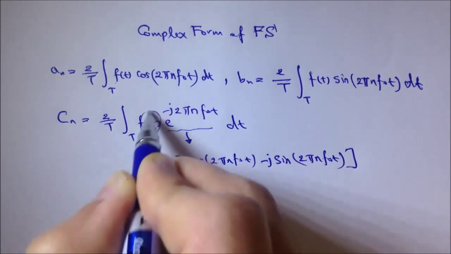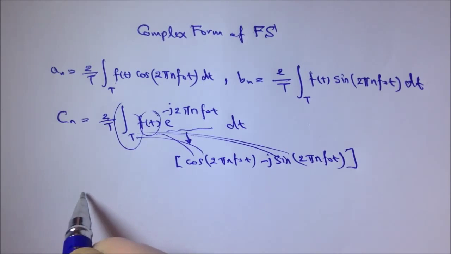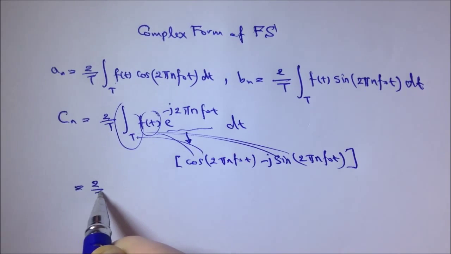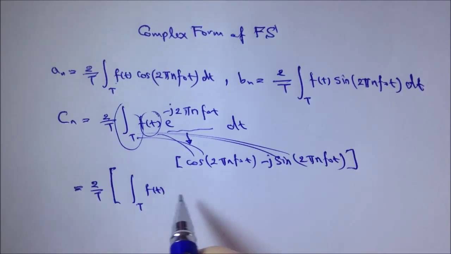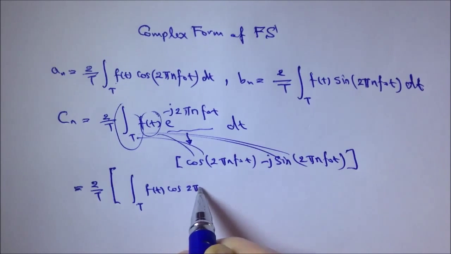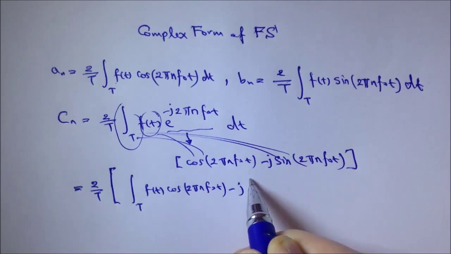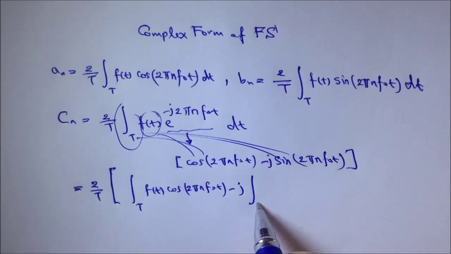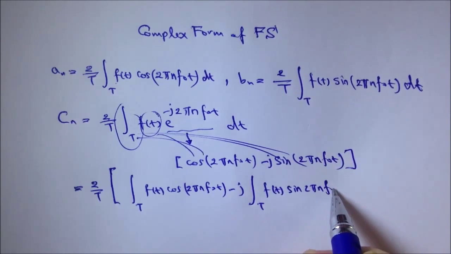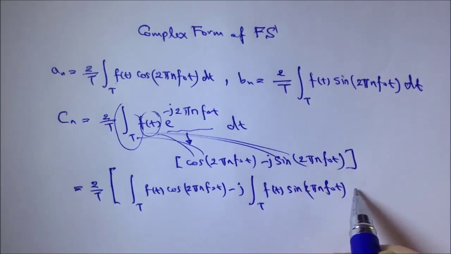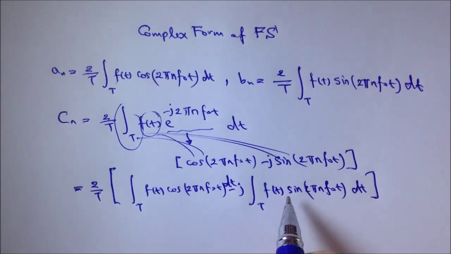So f of t will be distributive and so will this integration. We can simplify this into 2 over time, integration over time f of t cosine 2 pi n f naught t dt, minus j integration over time f of t sine 2 pi n f naught t dt.